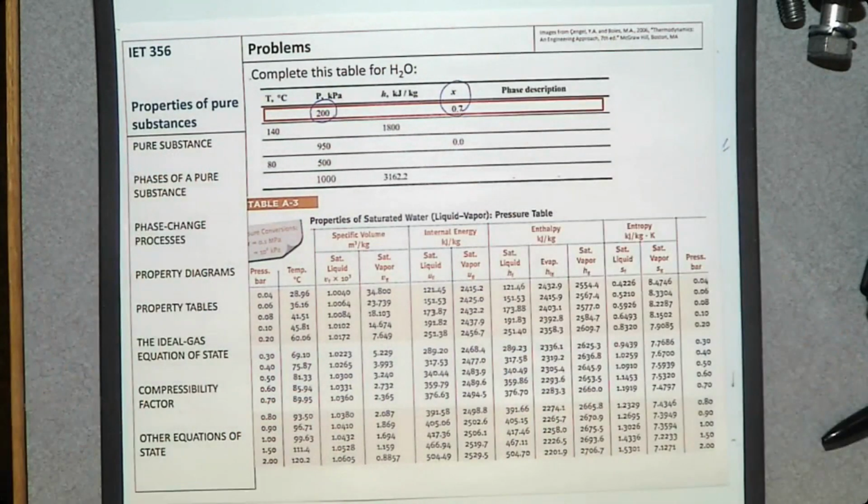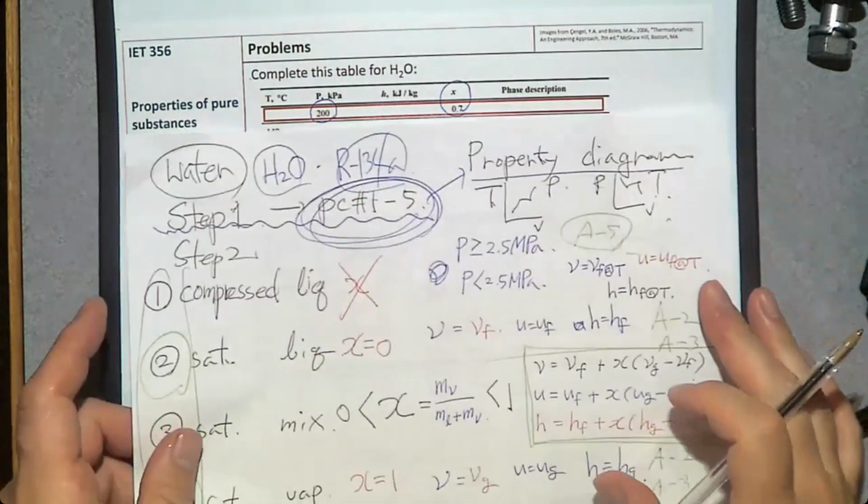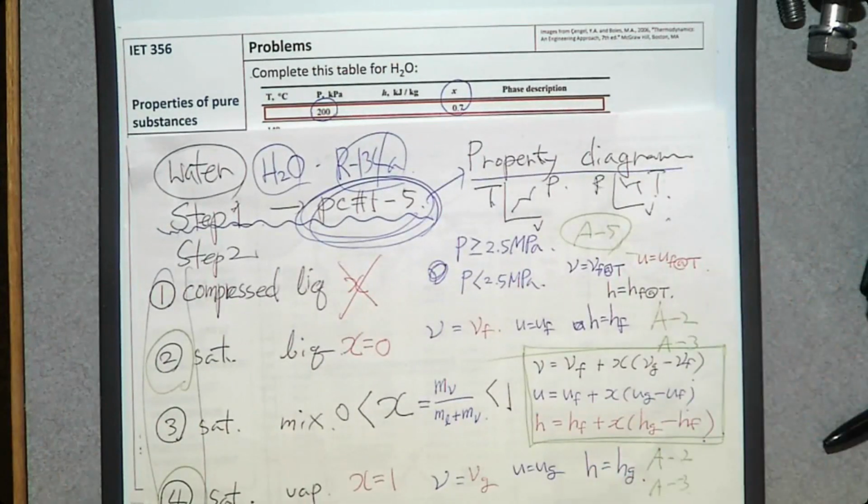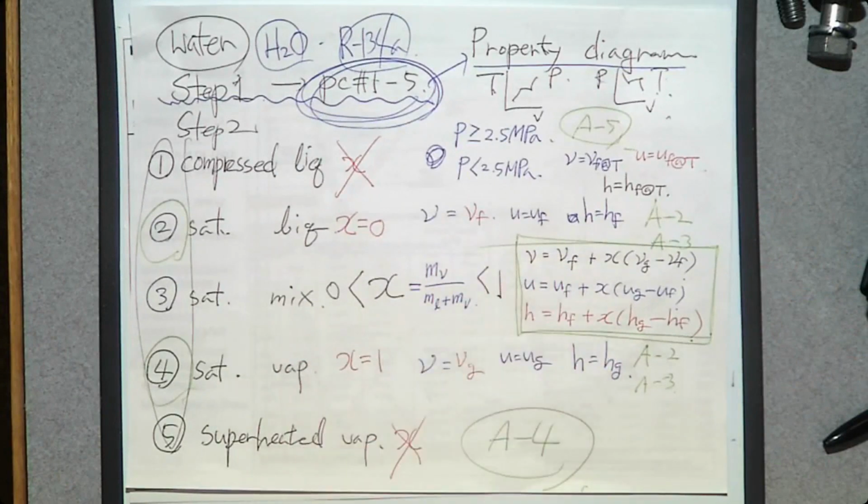By the way, quality X is the ratio between saturated liquid and saturated vapor. If you have 100% liquid, X is 0. If you have 100% vapor, X is 1. If X is between 0 and 1, that means you have a saturated mixture.